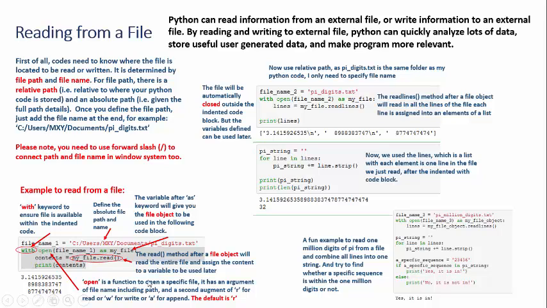The open function opens a specific file, and it has one argument, which is the file name, including the path, basically which file you would like to open. The second argument is either r for read, w for write, or a for append, and the default is r.